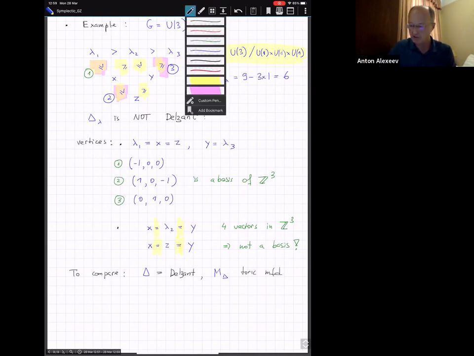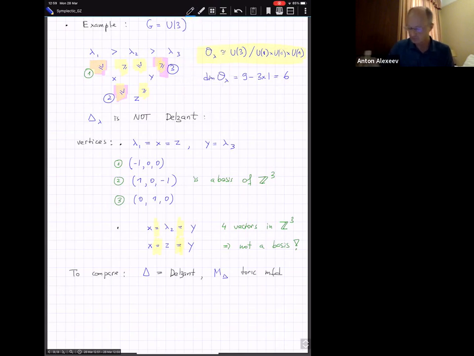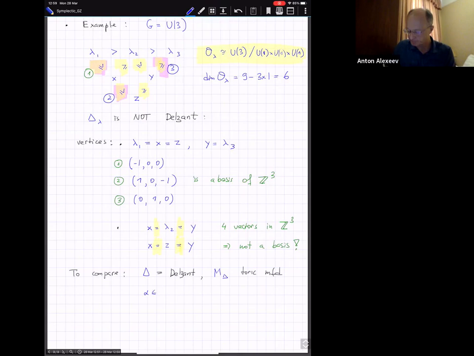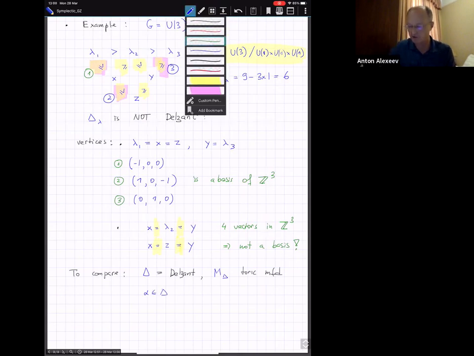And suppose that alpha in delta is a vertex.